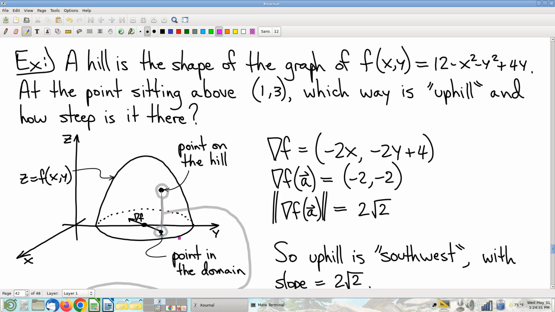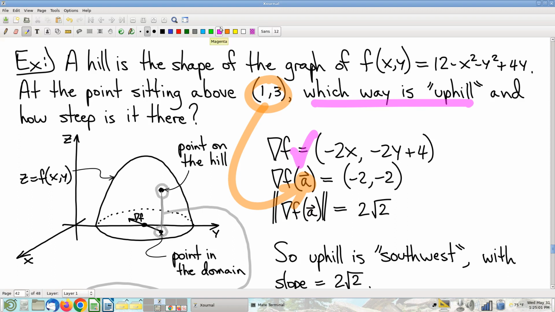Okay, so the question says, which way is uphill? Which I'm going to reinterpret as, which direction is the direction of steepest ascent? Which, as we know, is the gradient. So, to answer this question, which way is uphill, all you have to do is compute the gradient, specifically the gradient at the point where you are, 1, 3.